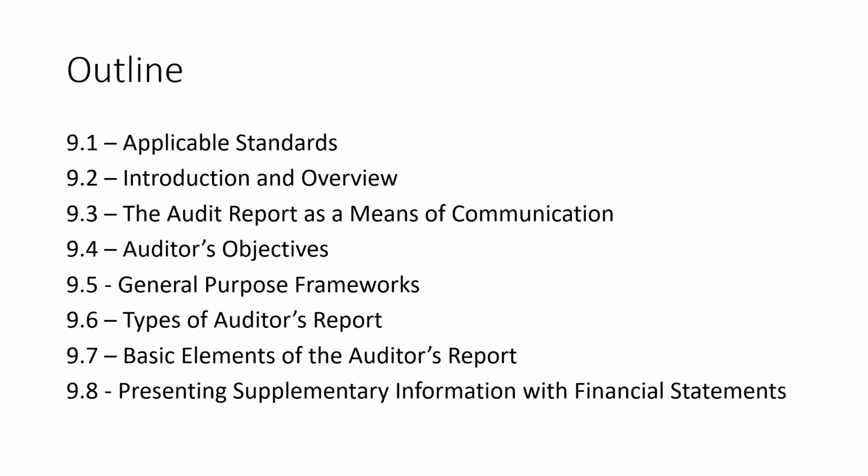So we'll learn the applicable standards when it comes to audit reporting. And then we look at the objective of the auditor when it comes to audit reporting. Then we look at types of audit report, the basic elements of an auditor's report.